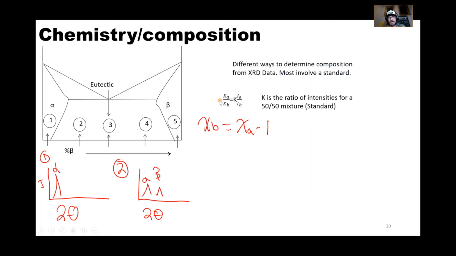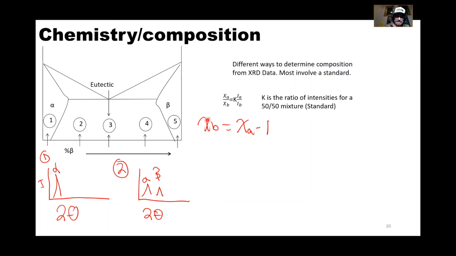Then that becomes your K, and you take this intensity divided by this intensity, multiplied by the ratio of the same substances when they're mixed 50-50. Hopefully the text is a little more sensible than my words.